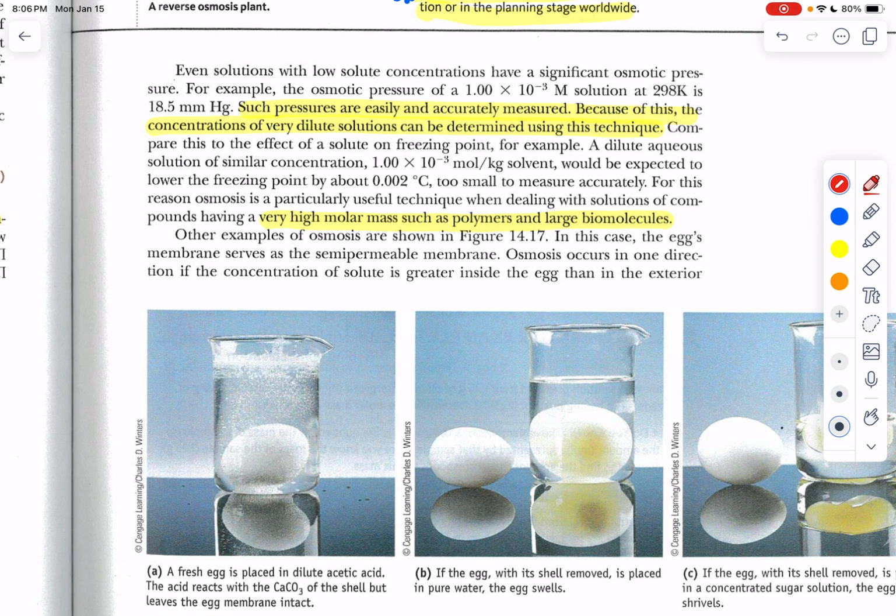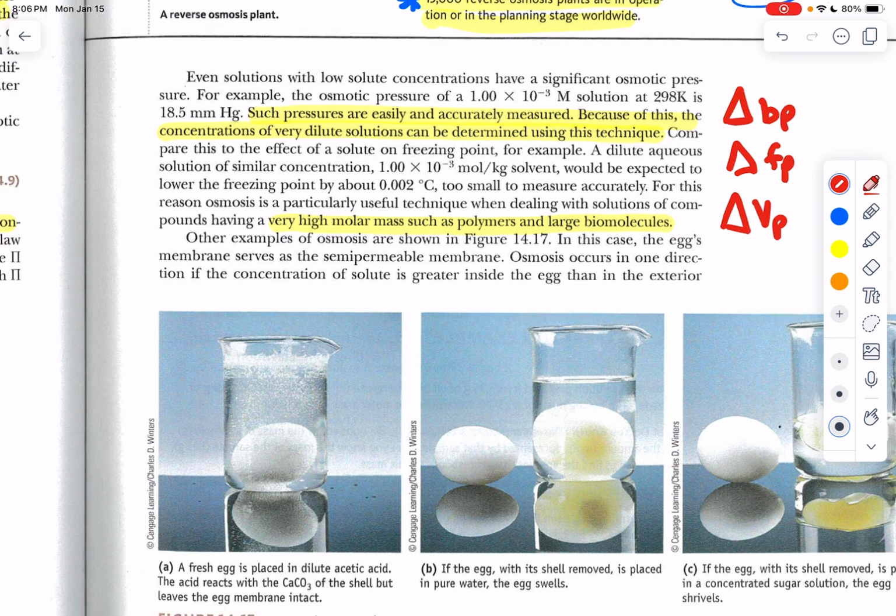When we're using the colligative properties of a change in boiling point or a change in freezing point or even a change in vapor pressure, those changes are usually very, very small for the amount of solute that you're adding to the solvent. But with osmotic pressure, you can get very large measurements that are much, much easier to measure. And we'll do some math problems to prove that situation.